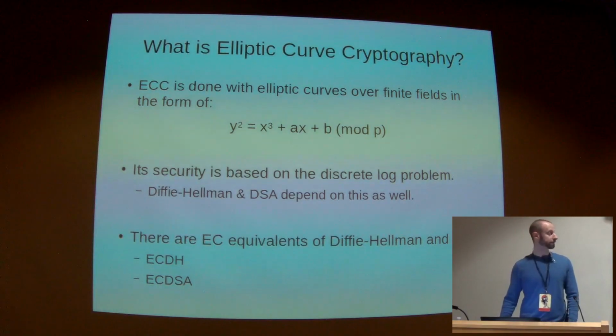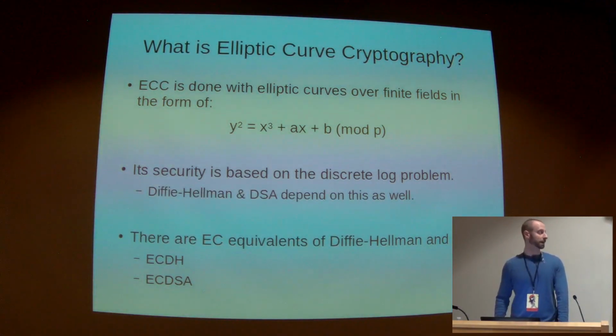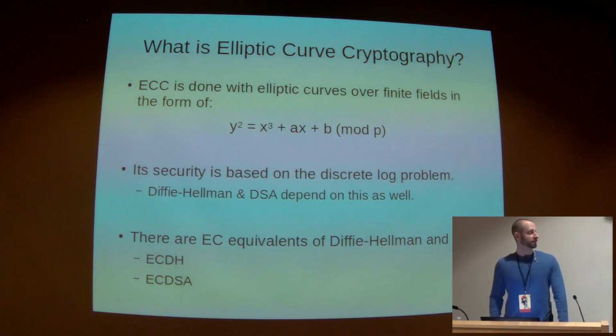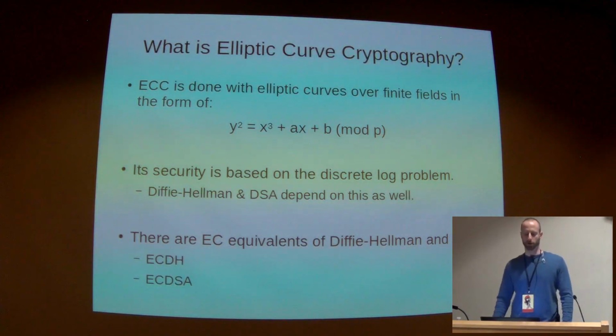So the first question I should answer is, well, what is elliptic curve cryptography? And I promise you this is not a math presentation. I'm not going to go into much math. That's one equation, that's it. Okay, don't panic, anybody. ECC is cryptography done with elliptic curves. It's done over finite fields in this form: y squared equals x cubed plus ax plus b, and it's usually mod some prime p.